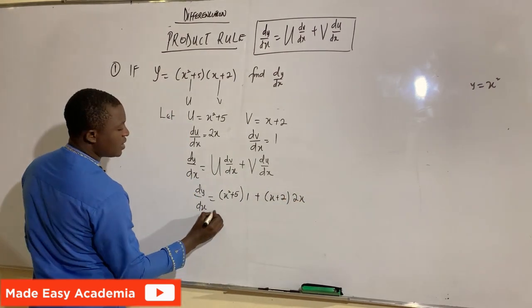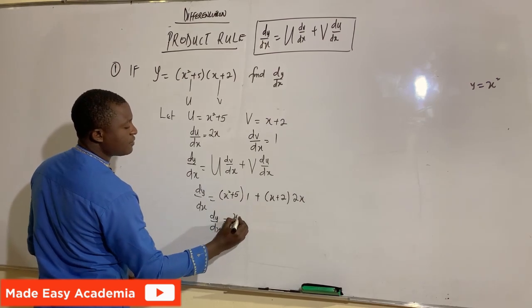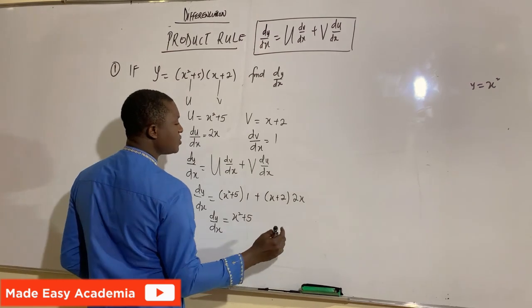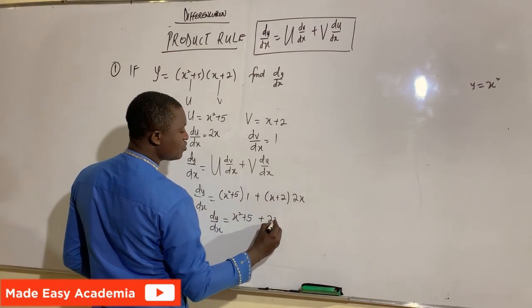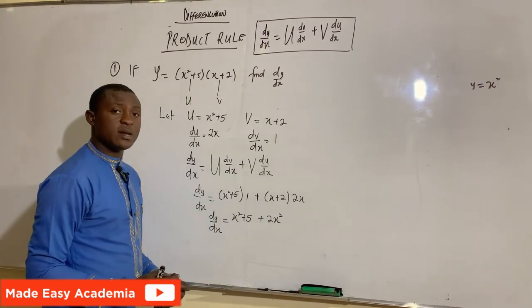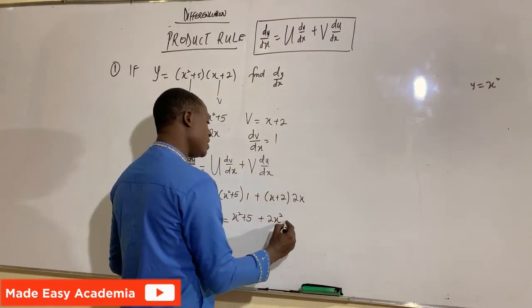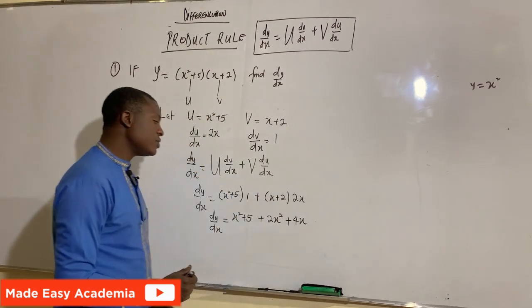So now here I can have dy/dx is equal to 1 times this, and we have x squared plus 5. Even if I open this one with 1, I will still have the same result. So now x times 2x, we are going to have 2x squared, just like I'm multiplying the powers together, that is x times x, that's going to be x squared. Then the one we have here is 2 times 2x, we are going to have 4x.